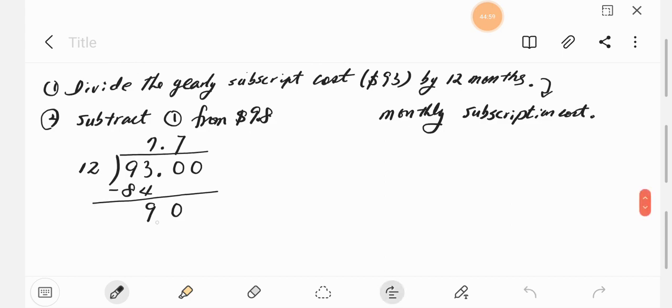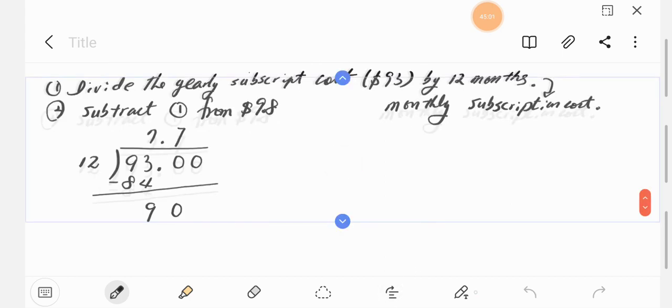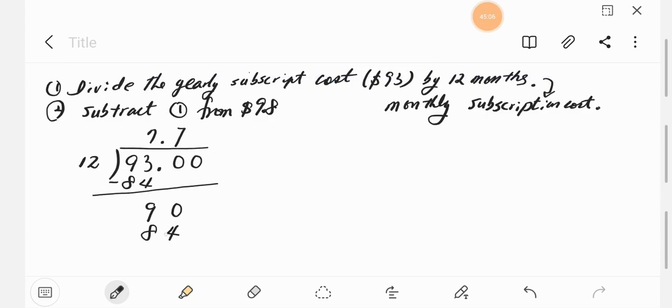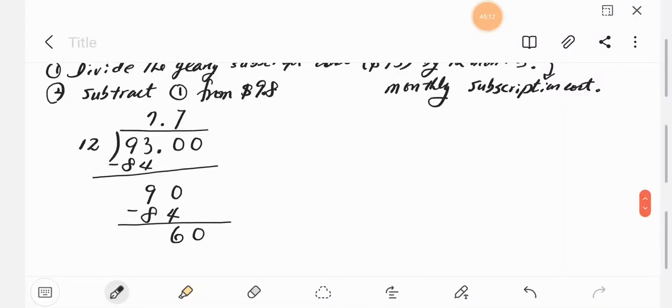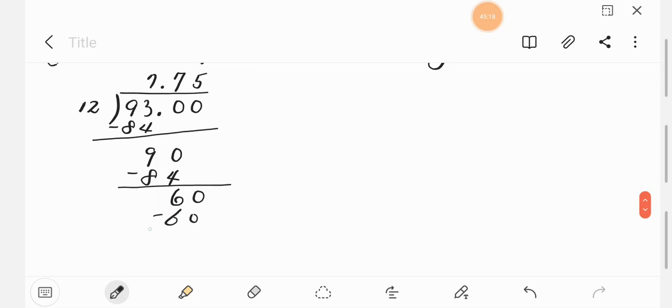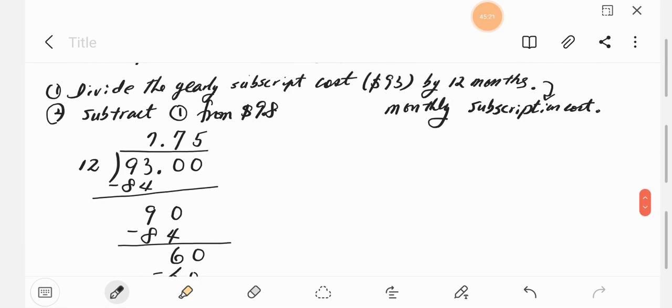So that is 84. Then subtract. So we have 60, and then 5, exactly 5, right? So that is 60, and the remainder is 0. So exactly $7.75. So this is the monthly subscription if you buy a 1-year subscription, right?